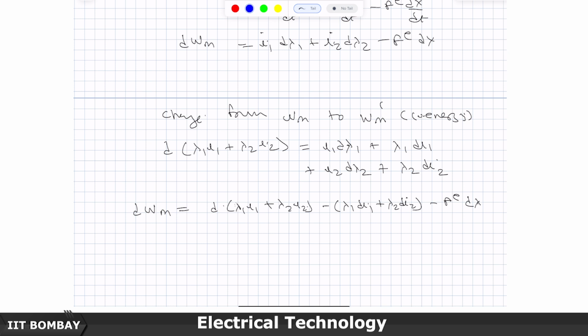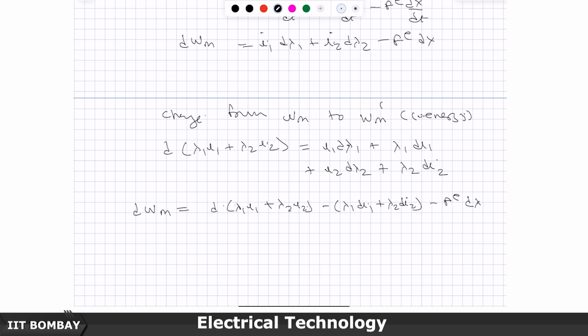Hence, instead of working with energy, work with co-energy. So, let us take this to this side and take these to the right hand side.